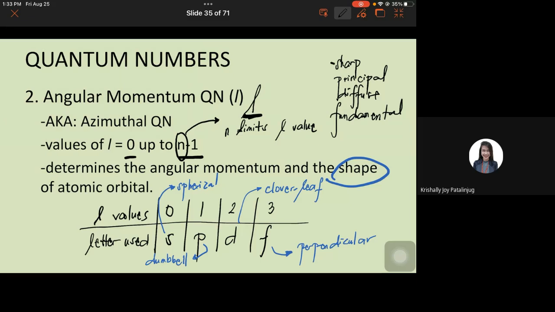Before the quantum mechanical model was proposed by Erwin Schrödinger, who proposed that model, which is why we have this set of quantum numbers, these words were already used.